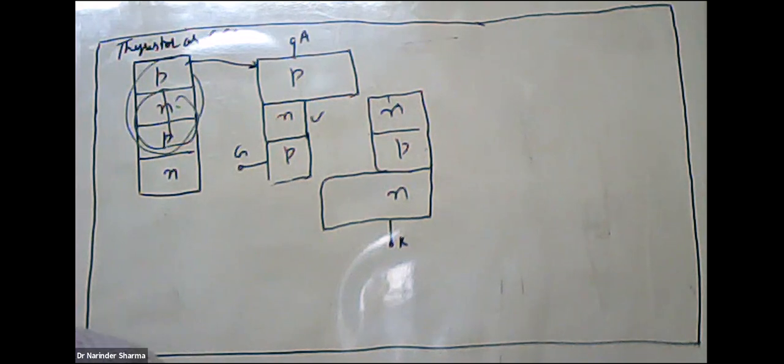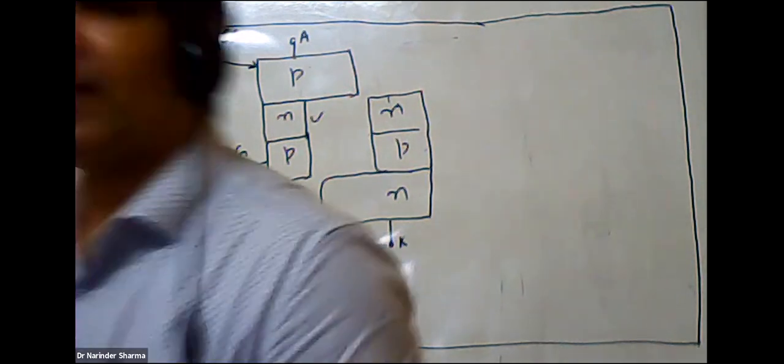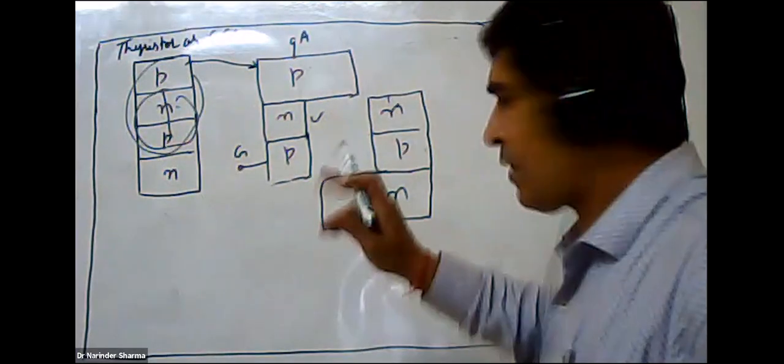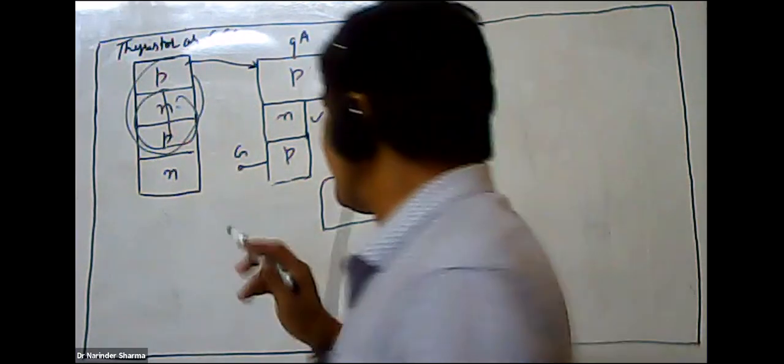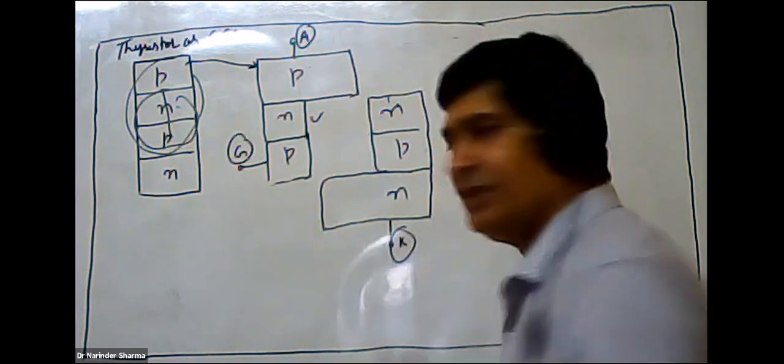You can see that they are anode, gate and cathode.